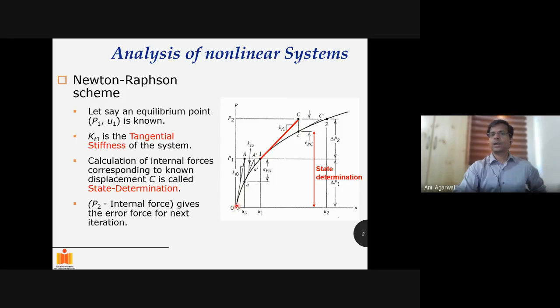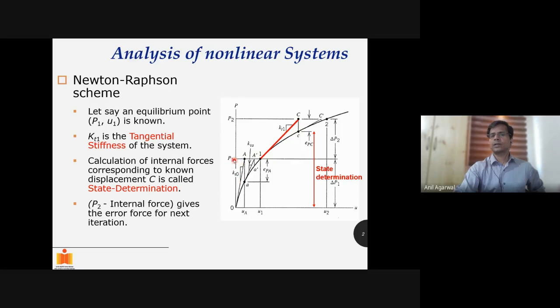Then I know the stiffness of the spring at that point. When there is zero deflection, what is the stiffness? I may not know the stiffness later on, when I apply 100 kilonewton, but I know the stiffness now. When the force is zero, the stiffness is this much. That stiffness is given by the slope of the tangent drawn on this curve. And I am told that a 100 kilonewton load is applied.